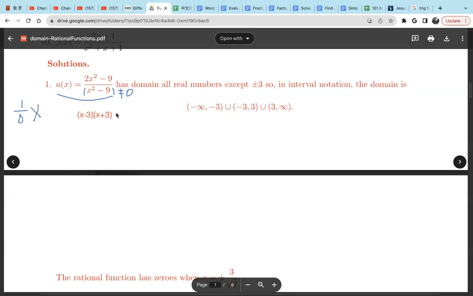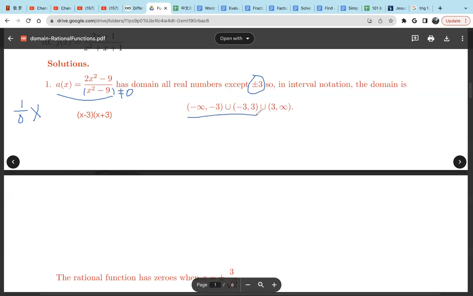Now, of course, those two are not equal to 0, that means x not equal to 3 and x not equal to -3. So x can be any real number except positive 3 or -3.